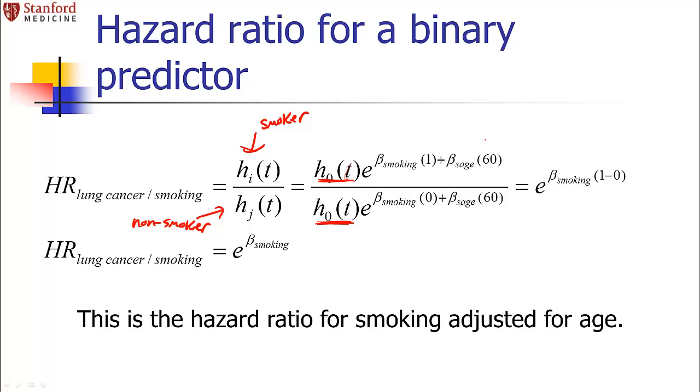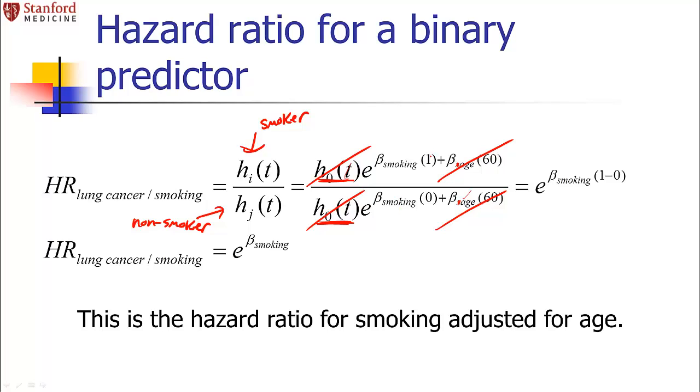I also have beta age. I have age in the model here. And I'm going to just hold age fixed because that's what it means to adjust in a regression model. So as long as we're holding age fixed, those are going to cancel. The underlying baseline hazard functions are going to cancel. And all we're going to be left with is the smoker compared to the non-smoker.